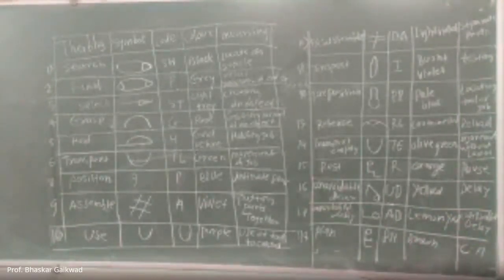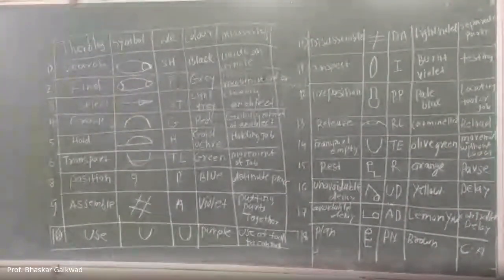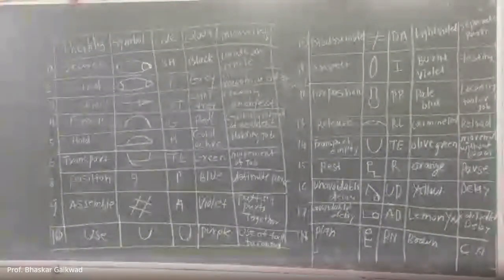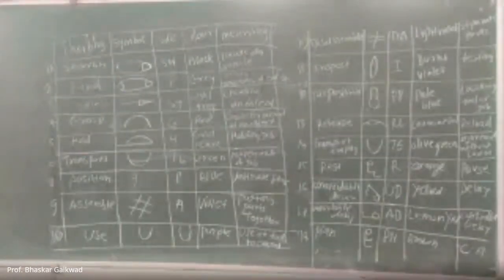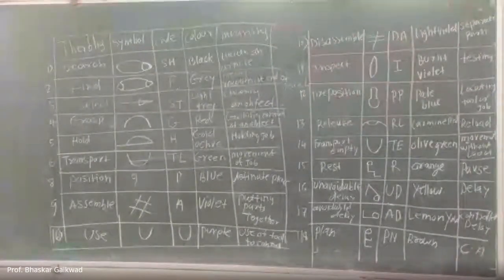The transport symbol is like an inverted half circle with one line, the code is TL, and the color is green. It indicates movement of a job. Then position, code P, color blue. A defined place means we have to fix the particular place. For this purpose we use position.